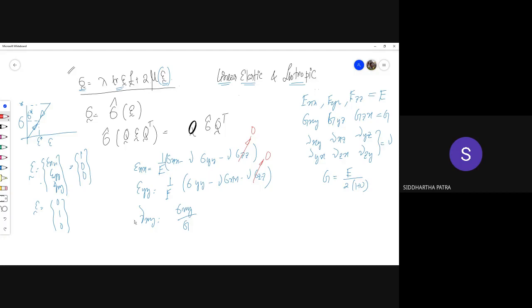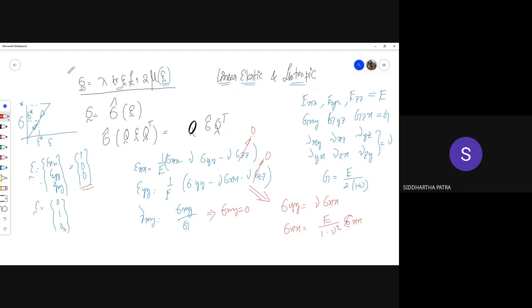So if you look from here, sigma XY is 0, and from this second expression for the first case, sigma YY is nu times sigma XX, and that basically means sigma XX is E by 1 minus nu squared epsilon XX.